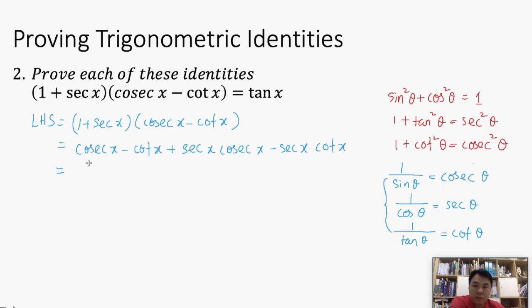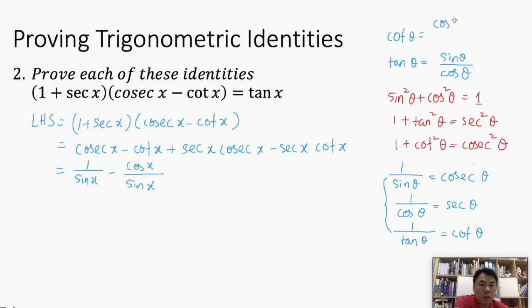So this is 1 over sine x. Cotangent is cosine x over sine x. I need to write that for reference here. So tangent theta is sine over cosine, whereas cotangent is cos theta over sine theta.